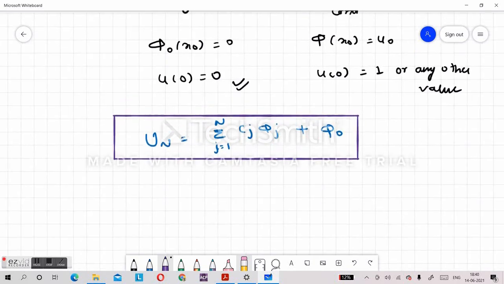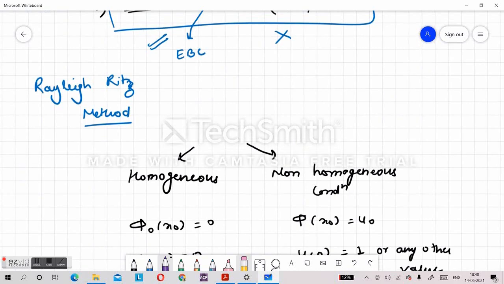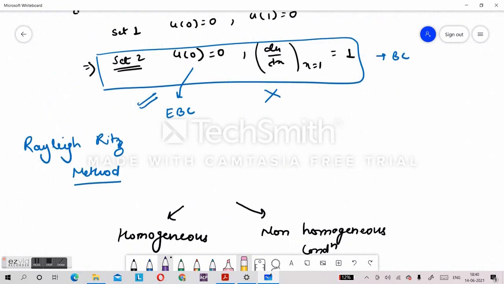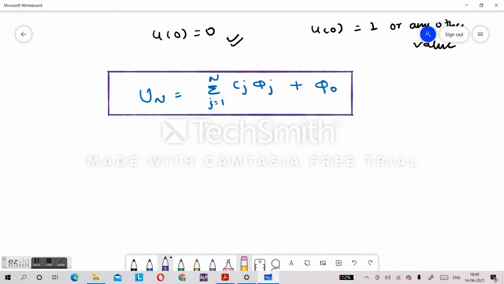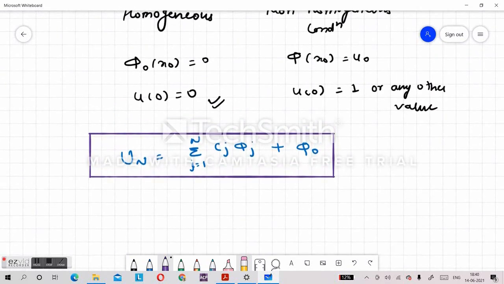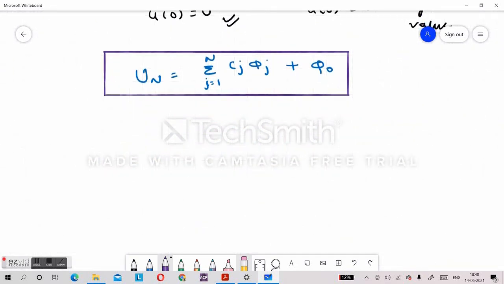Here this essential boundary condition is again 0, so it is also a homogeneous case. We will solve an example of non-homogeneous boundary conditions in the next lecture. For this example we will solve for set 2 boundary condition.